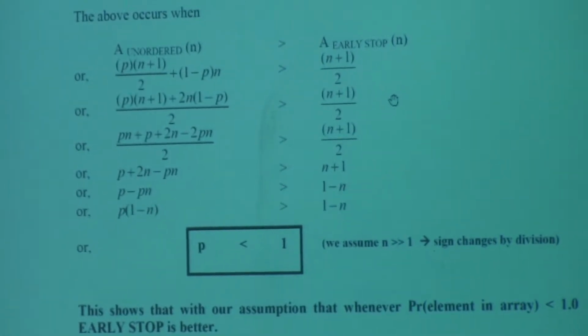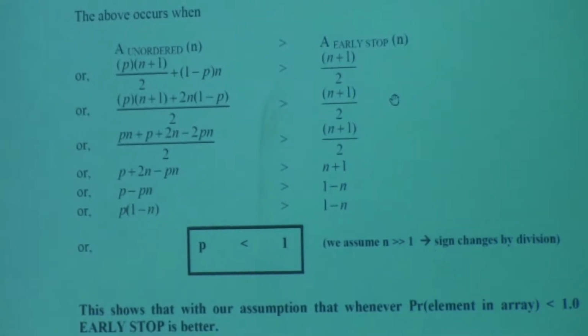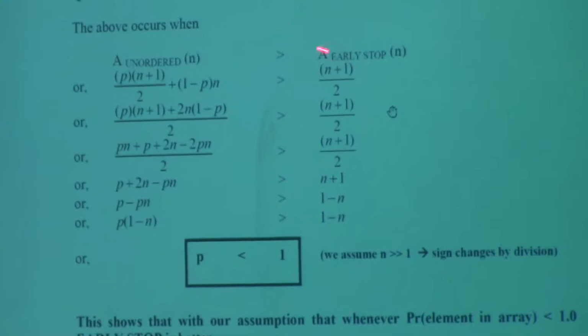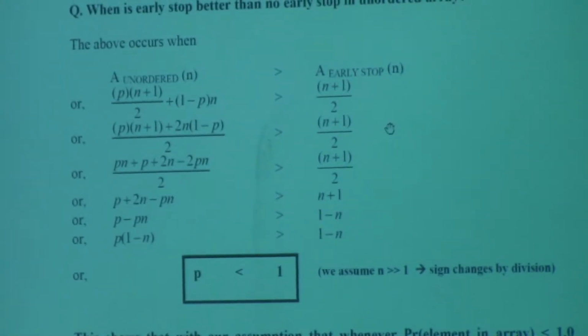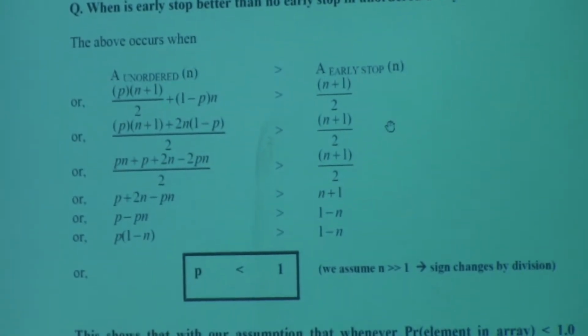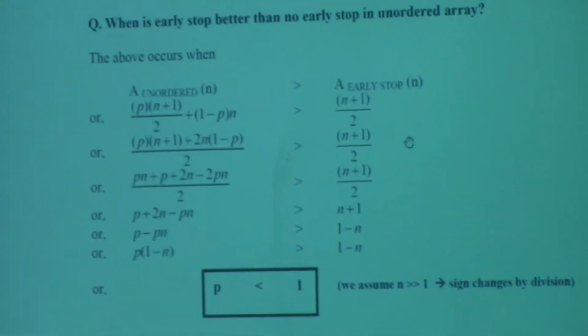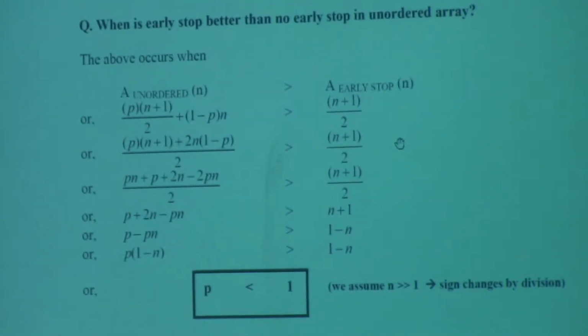So this is the result of the question: when is the second version less than, or a better algorithm than, the first version? On average. That's an important result, because on average is reasonably how it's going to behave in real life, right? So the answer is the second algorithm version is better whenever p is less than 1.